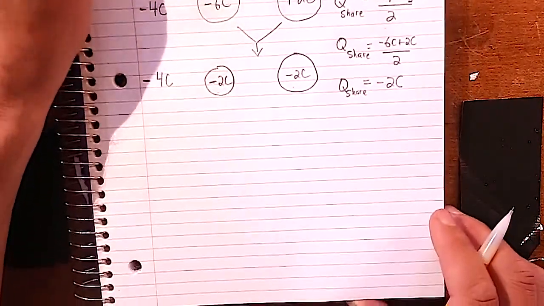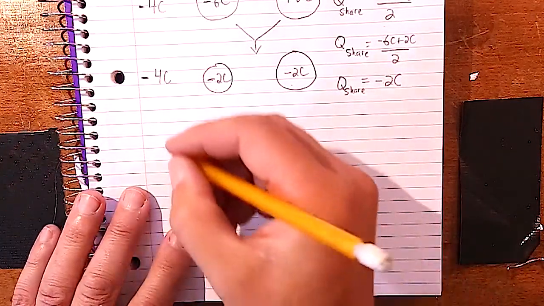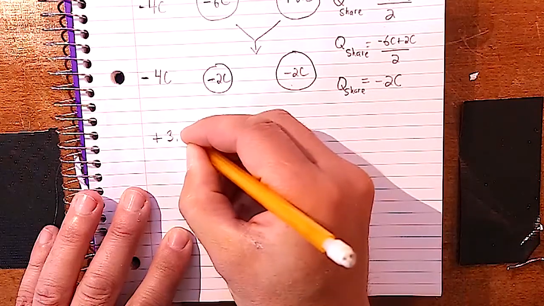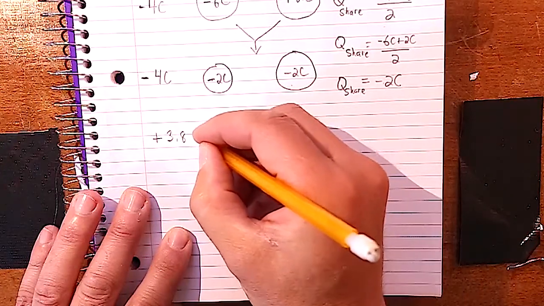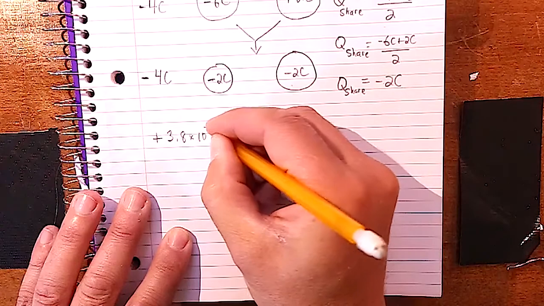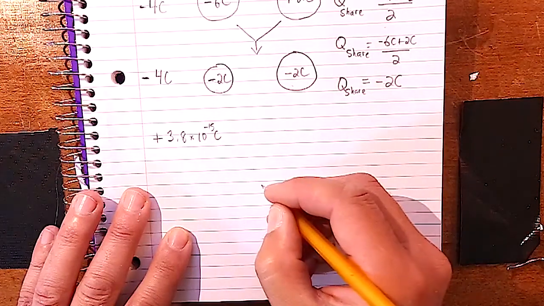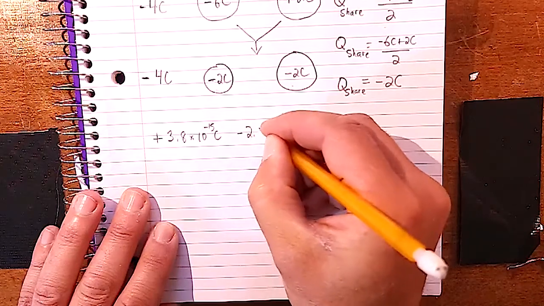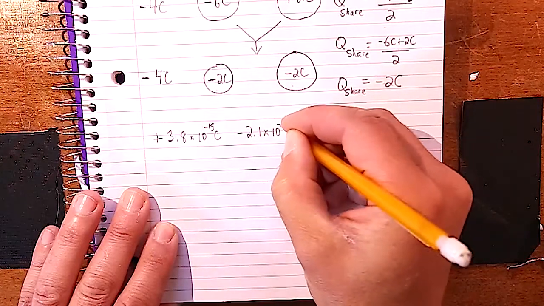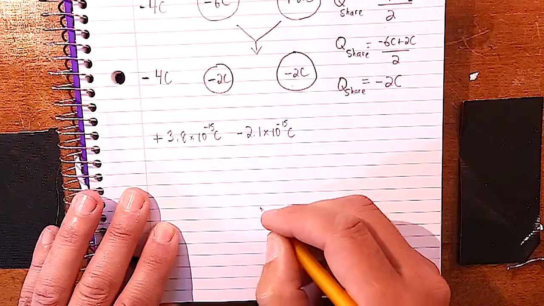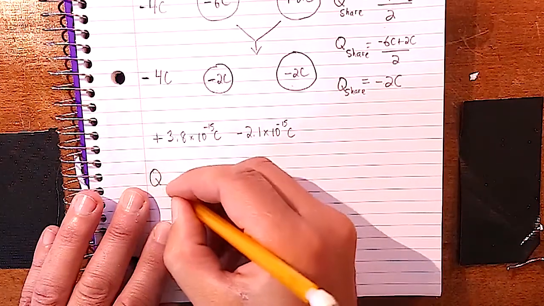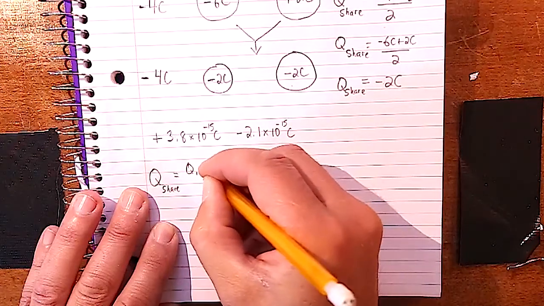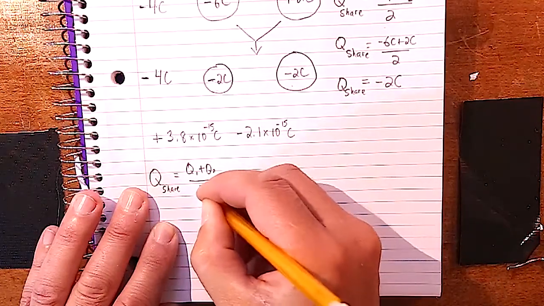Now, they might try to make this a little trickier, for example, by using numbers with exponents. So let's say sphere 1 has 3.8 times 10 to the -15th coulombs, and sphere 2 has a charge of -2.1 times 10 to the -15th. The rule is exactly the same. There's no difference here. It's going to be Q share equals Q1 plus Q2 over 2.